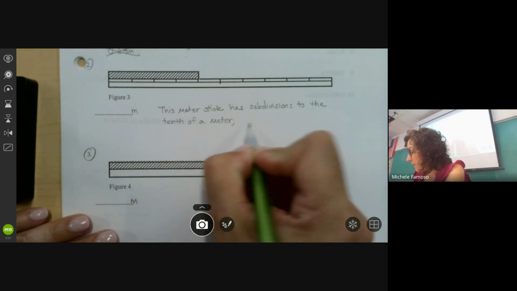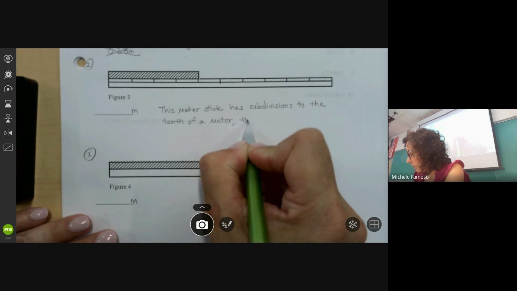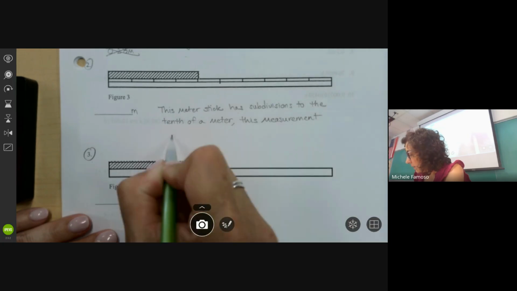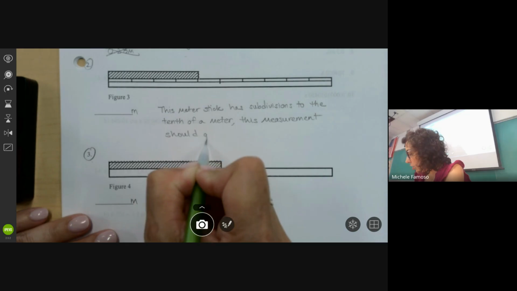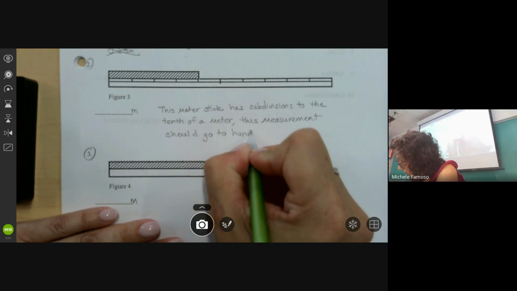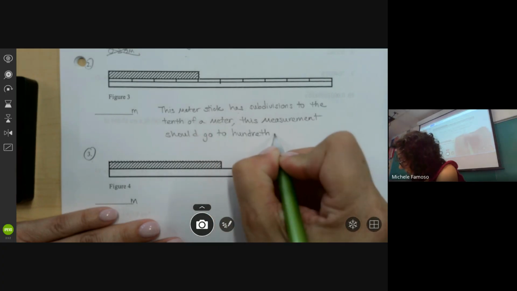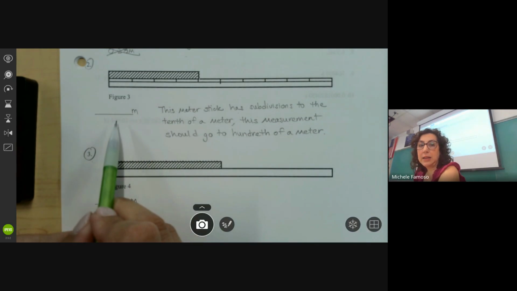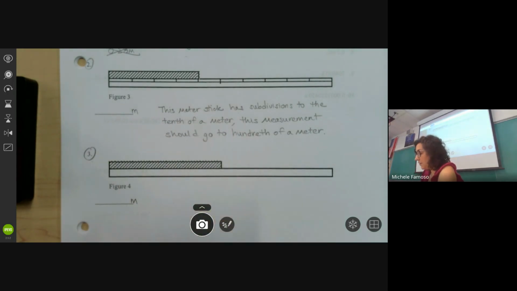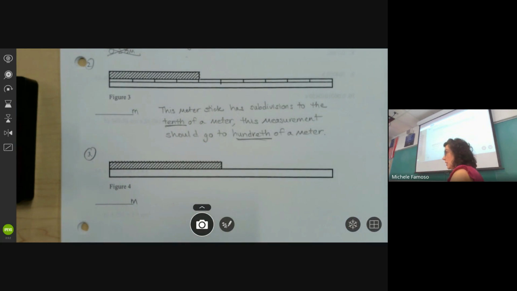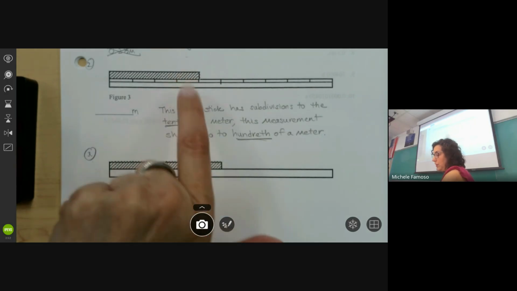So that means that this measurement should go to the 100th of a meter. All right. So if you put that as your rationale, something to that effect, that we see tenths of meters, so we have to go to the hundredths place, that's correct. That is how we determine the precision with this tool.